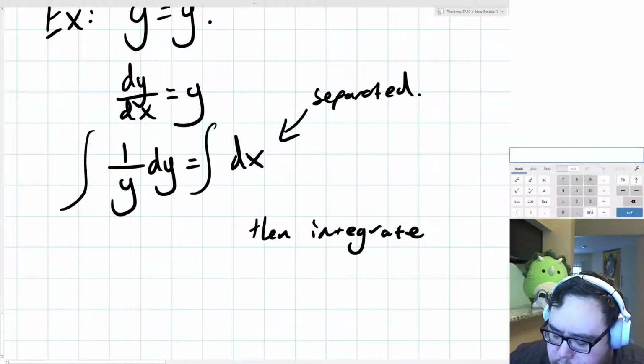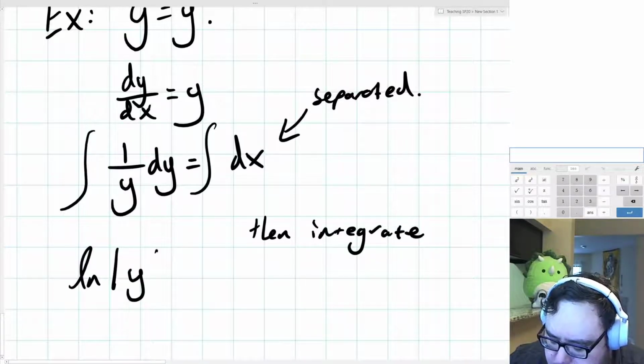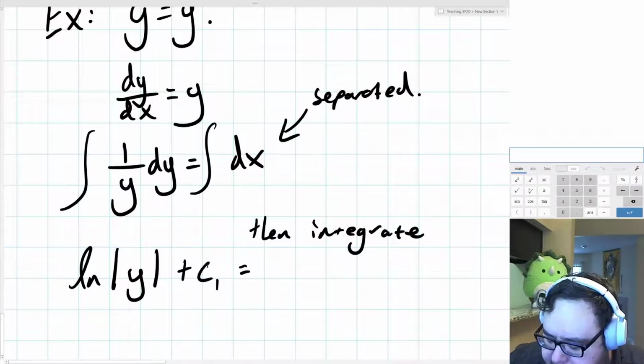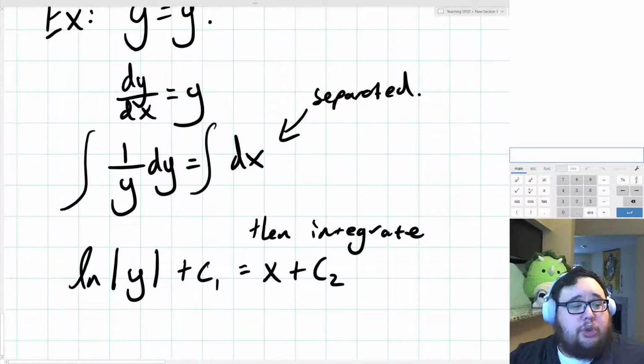So the integral of 1 over y dy is ln of the absolute value of y, technically plus a constant. And the integral of 1 dx is just x plus a constant. In general, we're not going to write two separate constants.